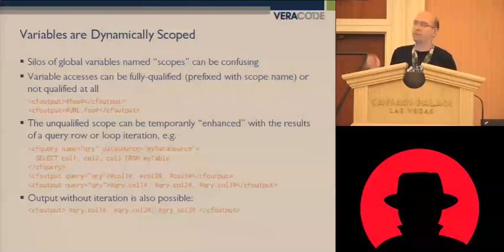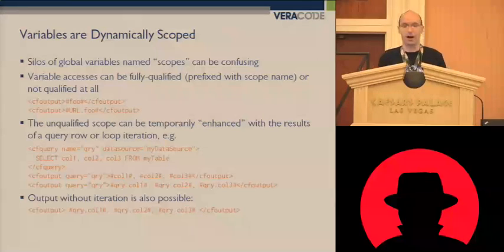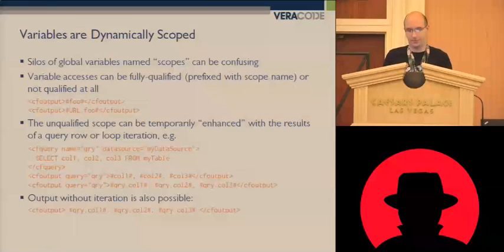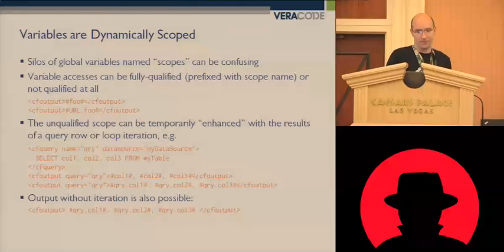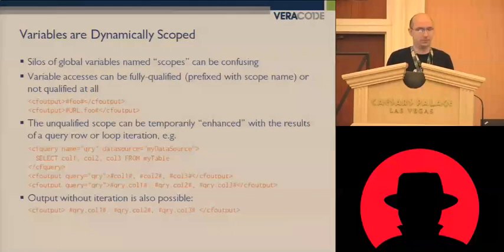Now, if you don't use fully qualified variables, if you just use variables named foo or i or x, being able to tell exactly what you're going to get just by looking at it can be kind of tricky. You kind of have to know, for example, in the case of CF query, if you select rows from a database, the names of the result rows get imported into the local variable scope, and you can just refer to them through there.